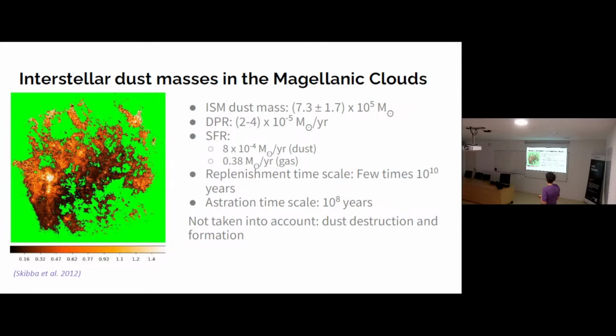That's good. And the astration timescale, the time that it takes for all the dust in the interstellar medium to be consumed, is actually much shorter, 10 to the 8 years. So if you just take a snapshot of the LMC today, you can already see that if the LMC continues as it is today, in no time at all, it will have consumed all its interstellar dust.